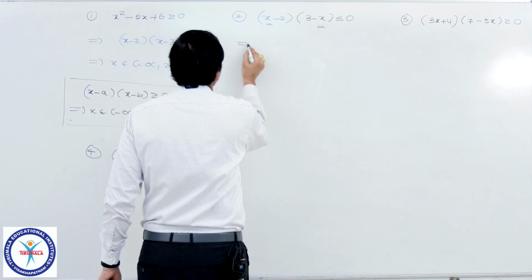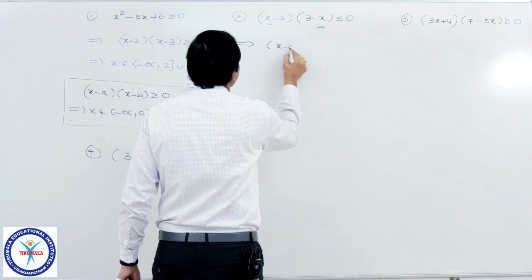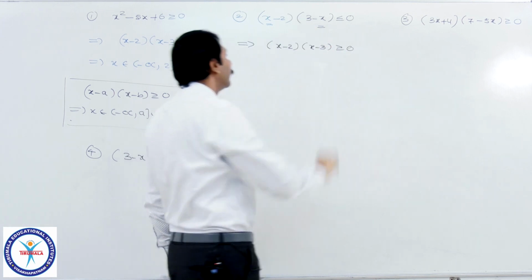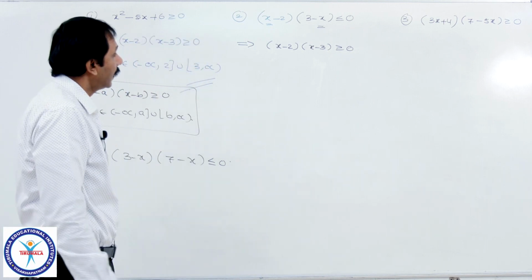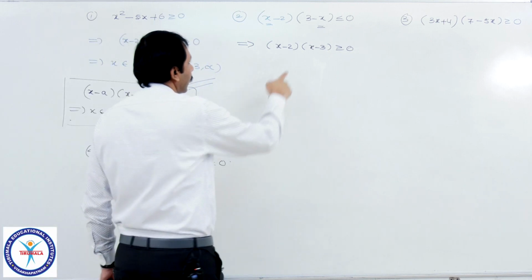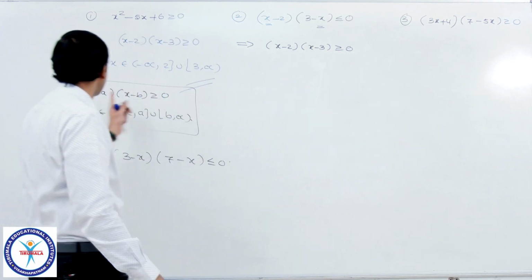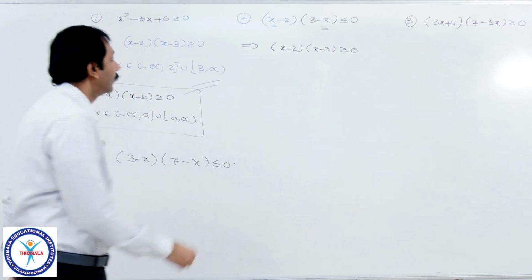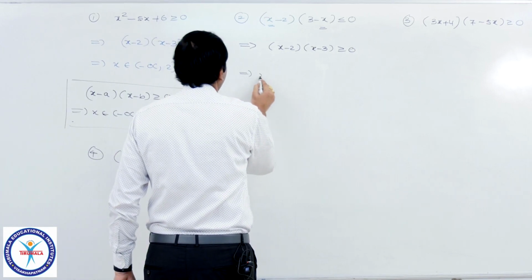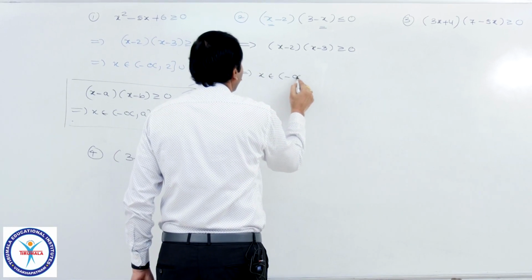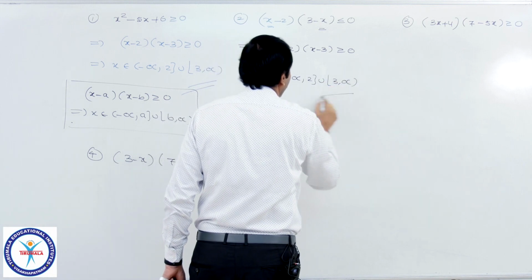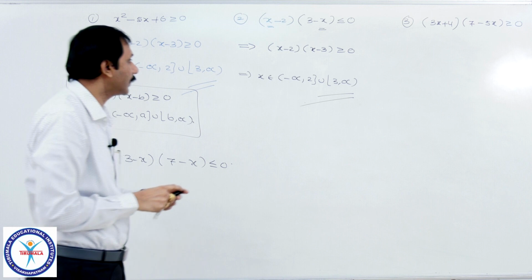Therefore, here it will become (x minus 2) into (x minus 3) greater than or equal to 0, which is of the form (x minus a) into (x minus b) greater than or equal to 0. That implies x belongs to (minus infinity, 2] union [3, infinity) will be the solution set of that inequality.